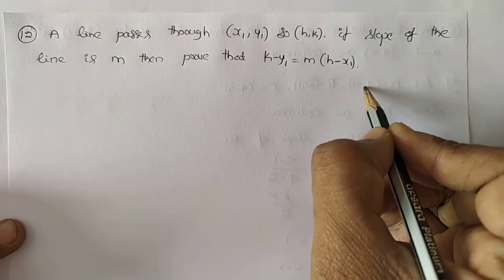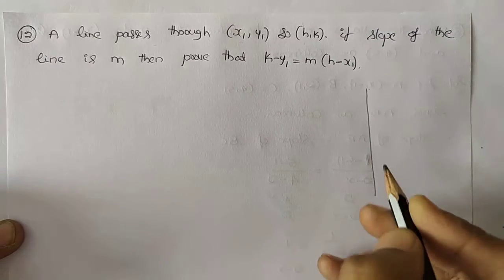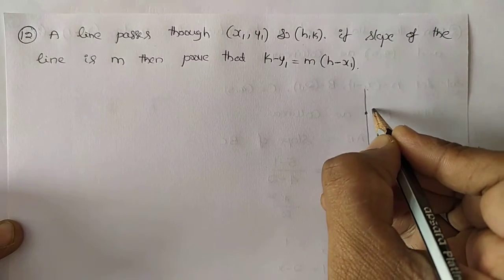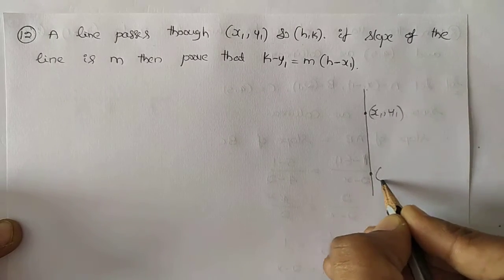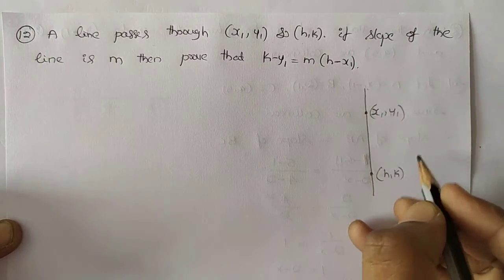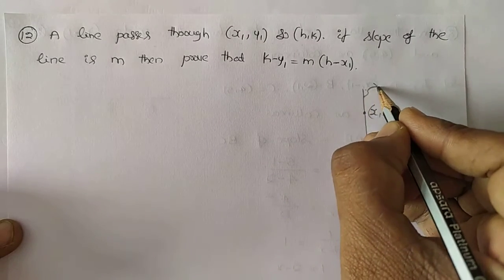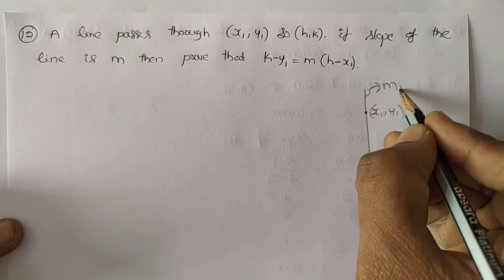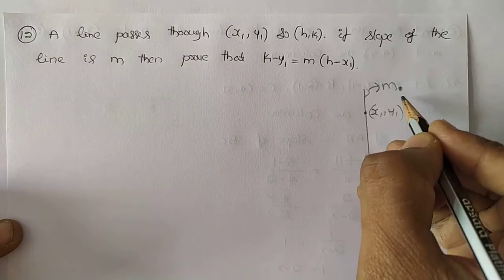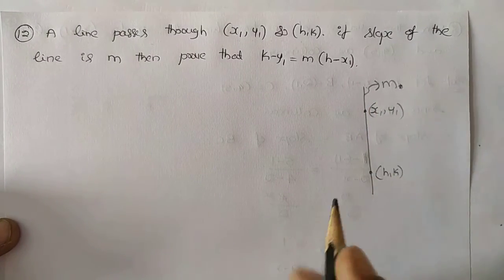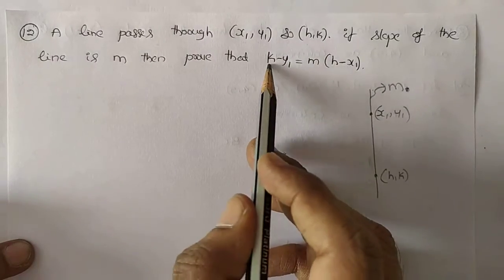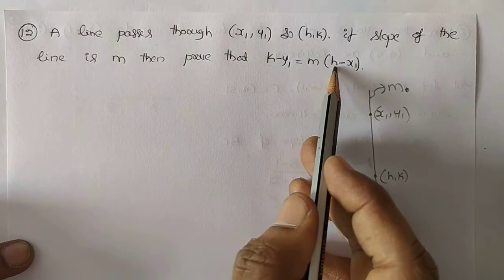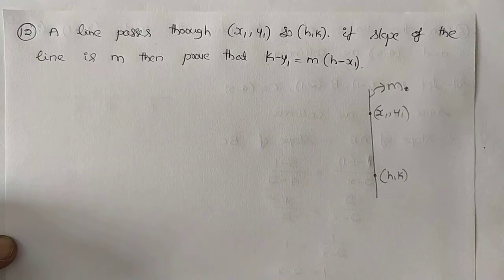The slope of the line is m. We have to prove that k minus y1 equals m into h minus x1. This is what we have to prove.